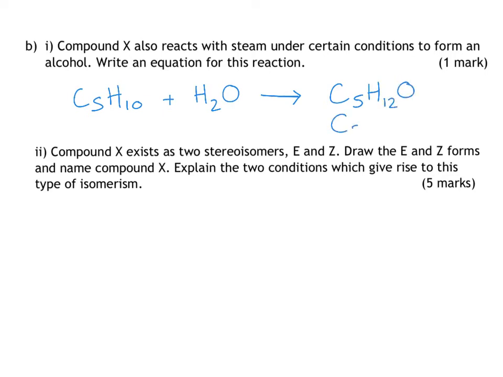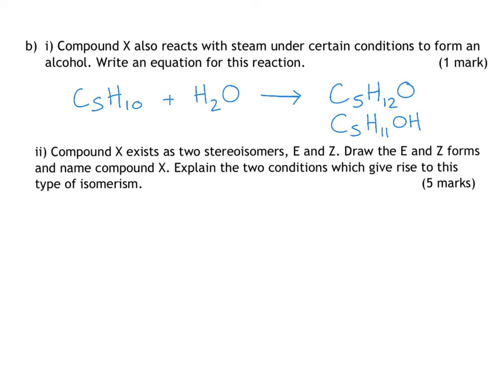Even better if you were to write C5H11OH, and the reason for that is you're just showing an understanding that you're making an alcohol, that when you add water, steam, to an alkene, the hydrogen adds to one carbon, the OH group adds to another, and you're making an alcohol. But the top version, C5H12O, is perfectly good enough to get you the 1 mark.